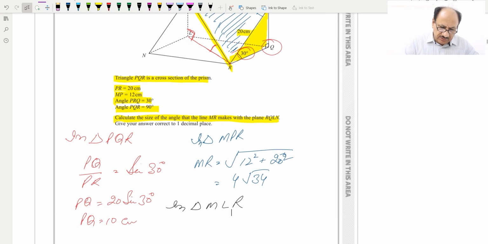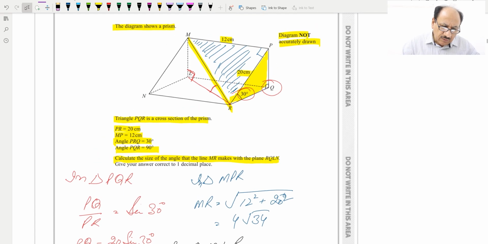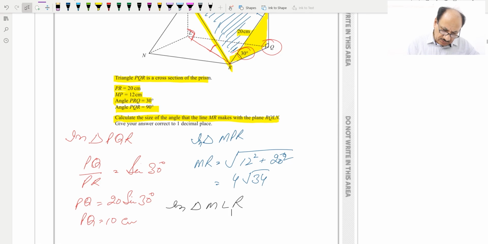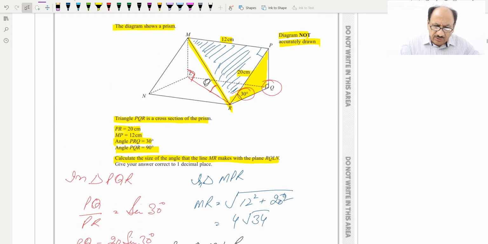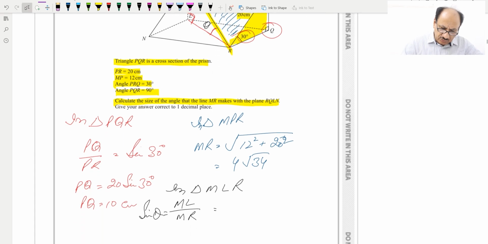So we can write ML over MR will be equal to sine theta, and theta is this one. We just found ML is equal to basically PQ, which is 10. So this side is 10, and MR we just now found, so we'll replace the value.